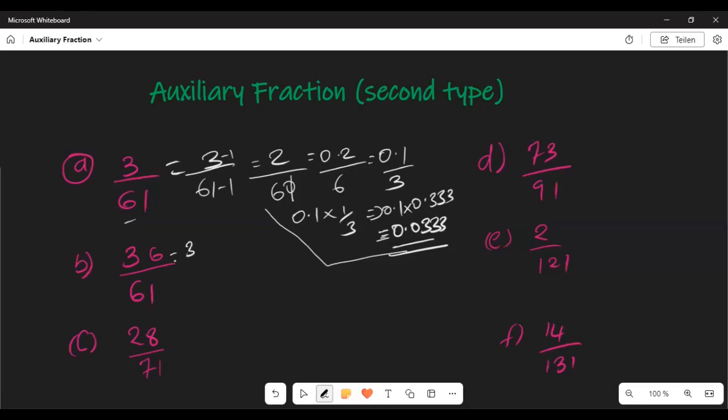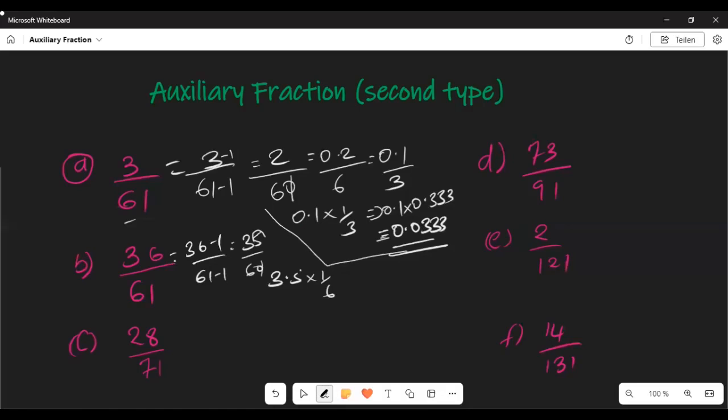So 36 minus 1 over 61 minus 1 gives us 35 over 60. If you remember, this 0 should help us change the decimal place so that we have 3.5 multiplied by 1 over 6. That's how you can easily put it.